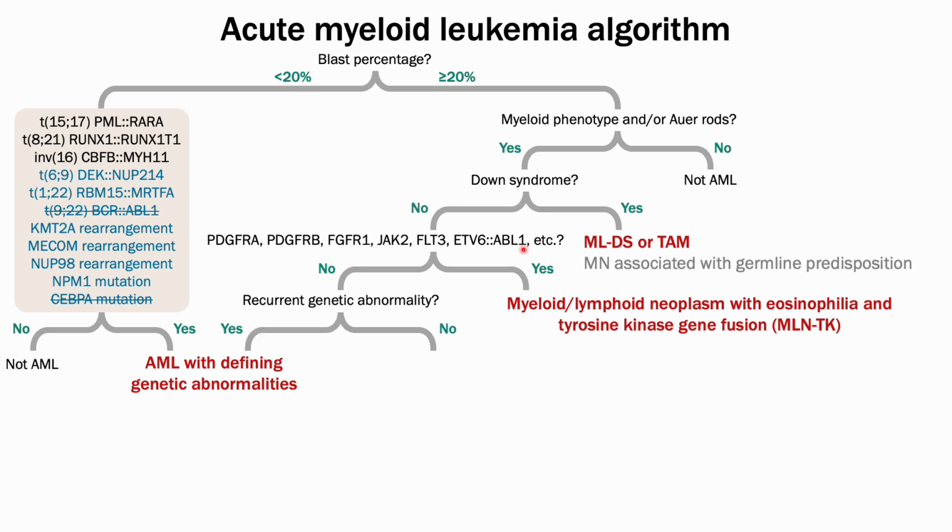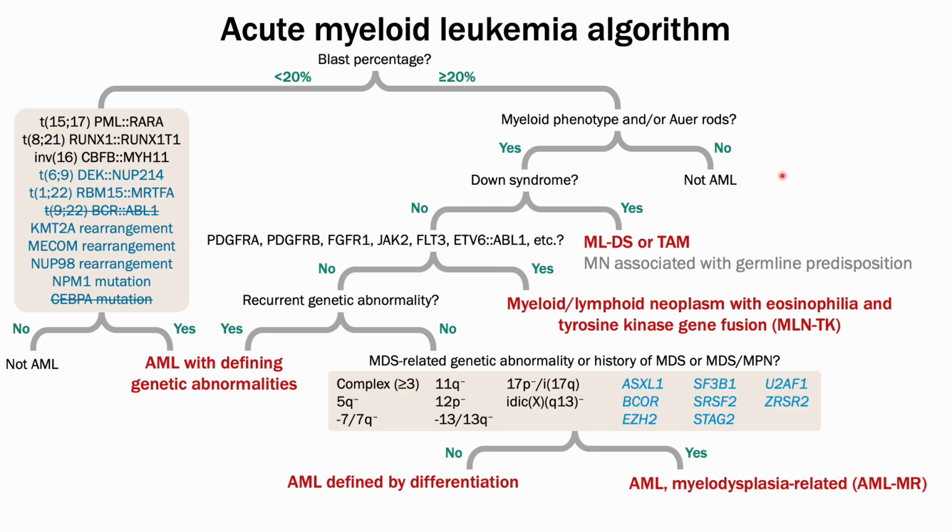Now, we again look for these recurrent genetic abnormalities, but because now we have greater than 20% blasts, we are going to include t(9;22) BCR-ABL and CEBPA. And if present, it falls into AML with defining genetic abnormalities.